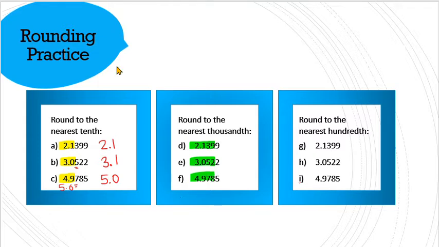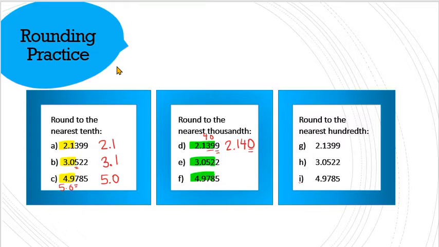And going again, the 9 forces this 9 up to a 0, which in turn is going to force a 3 to a 4. So just like 39 turns into 40. And when you write that, you do 2.140 and you keep the 0 because we're rounding to the third decimal place.